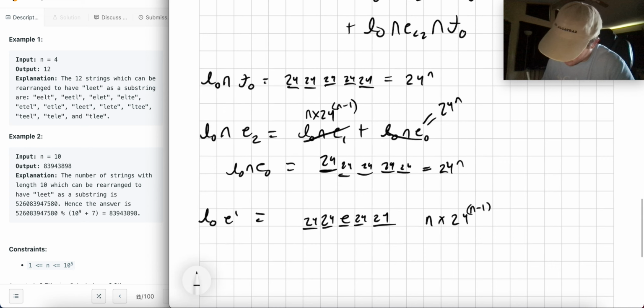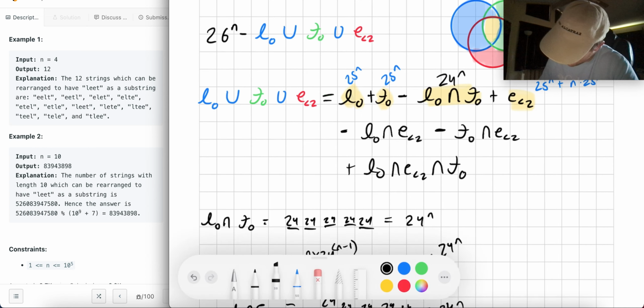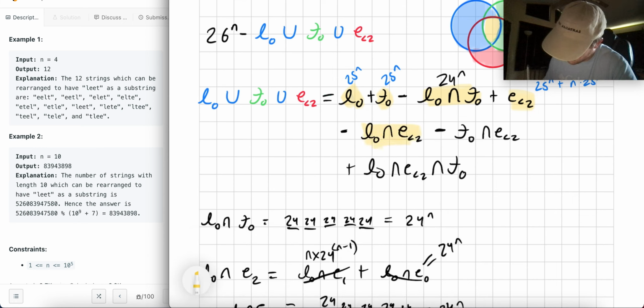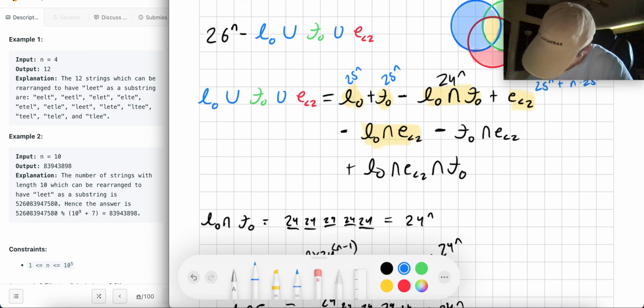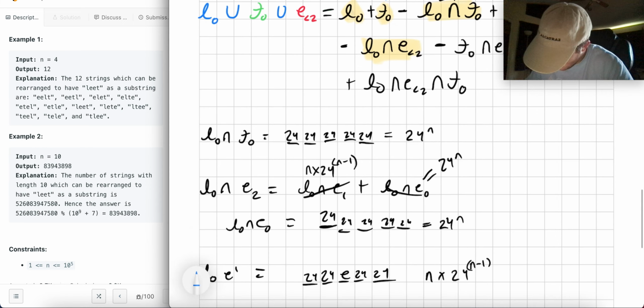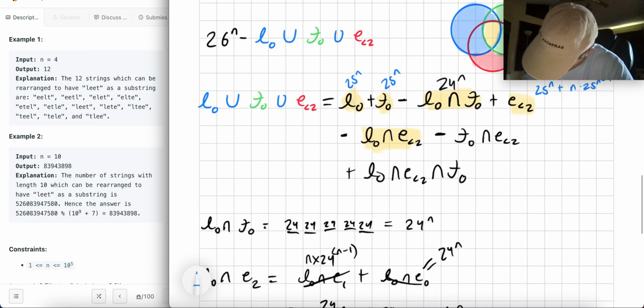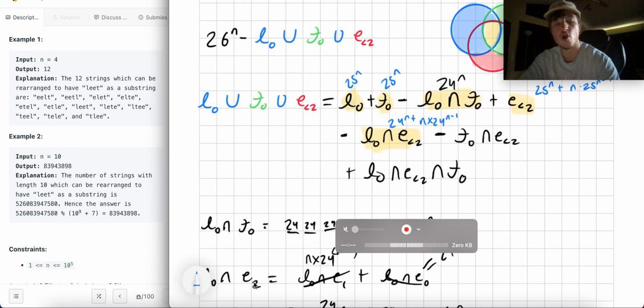So that means we know what this is now. This is 24 to the n plus n times 24 to the n minus 1. Now, I'm not going to go through T and E because it's the same thing, right? It's the same exact thing because here I can't have an L and then I have 24 options, and then 24 minus 1.